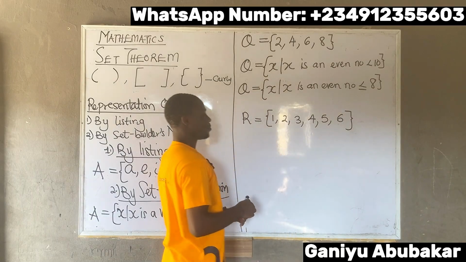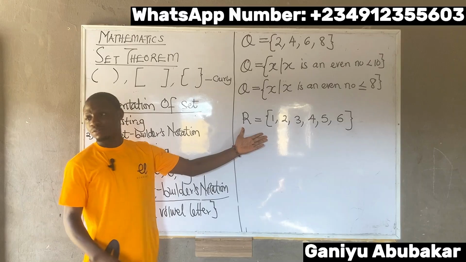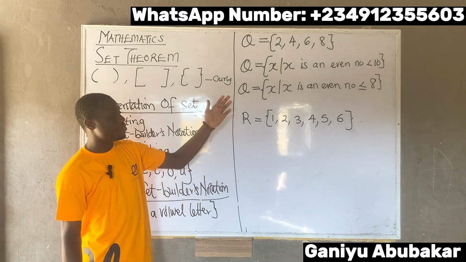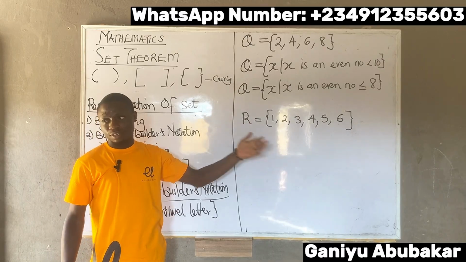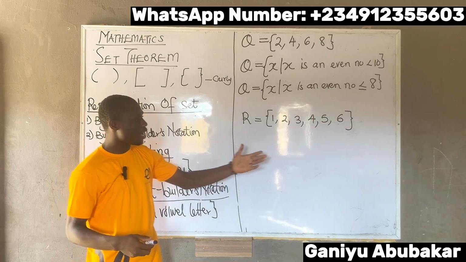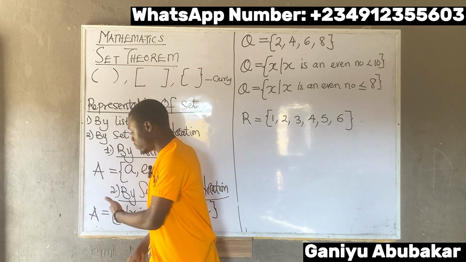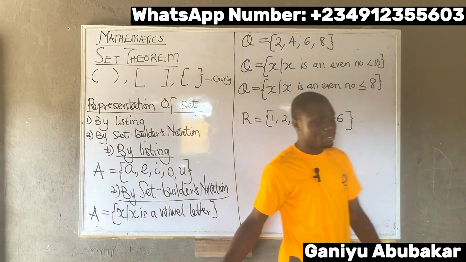All right. I gave you R equal to 1, 2, 3, 4, 5, 6. I stopped at 6. And I ask you, can you give me this in the form of set builder? What will it be? Who can tell what it will be?